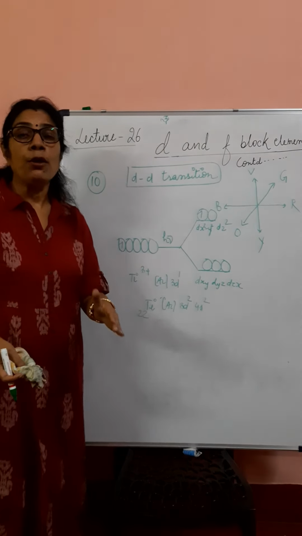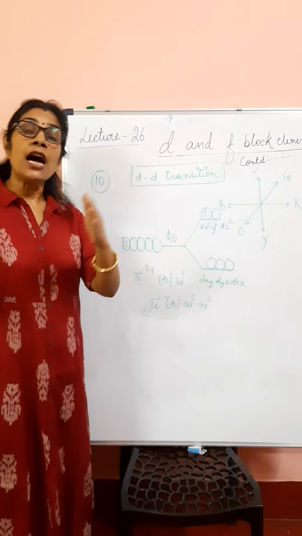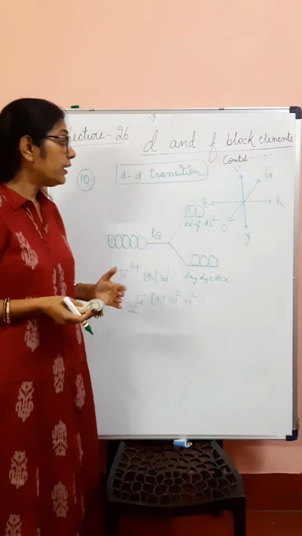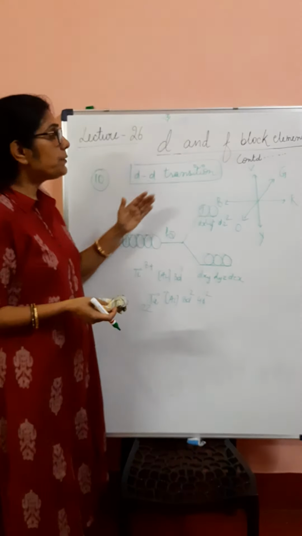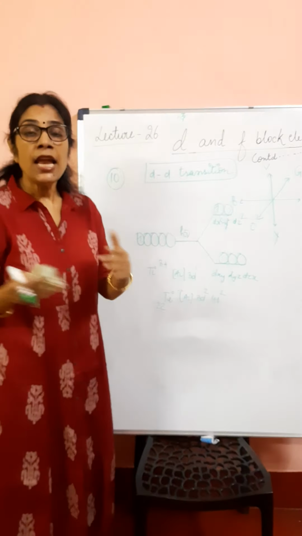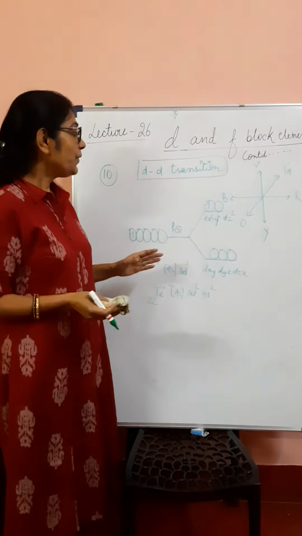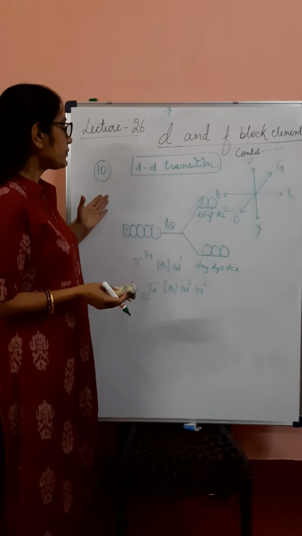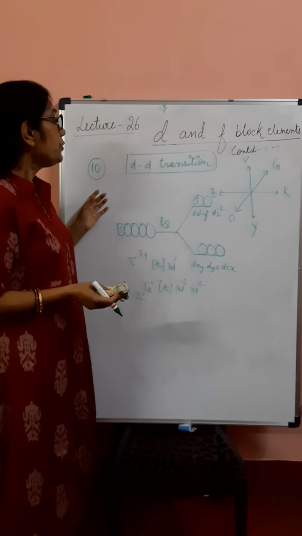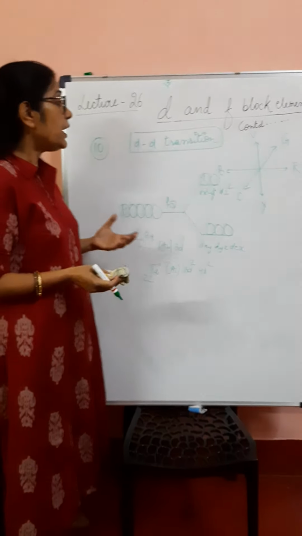Because of some properties like alloy formation and interstitial compounds, moreover the last electron enters the d subshell, and that is why they come under d block elements, but these properties are different as compared to the other transition elements. Okay, now we are left with some more properties like their ability to act as reducing agents, then complex formation and so on.